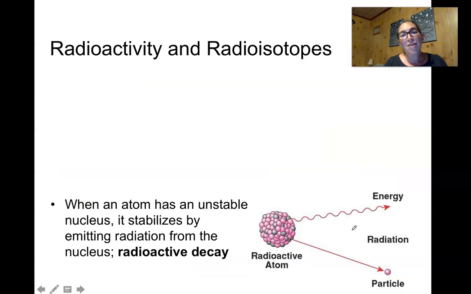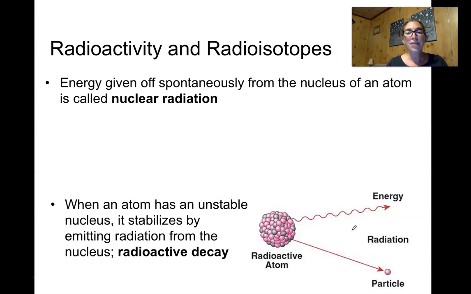All right, so now that we know the basic structure of atoms, we can talk a little bit about radioactivity. So radioactivity has everything to do with the subatomic particles in the nucleus, the protons and the neutrons. What radioactivity is, it's a type of energy that's given off by the nucleus of an atom when it undergoes some rearrangement, when the protons and neutrons kind of shift around.